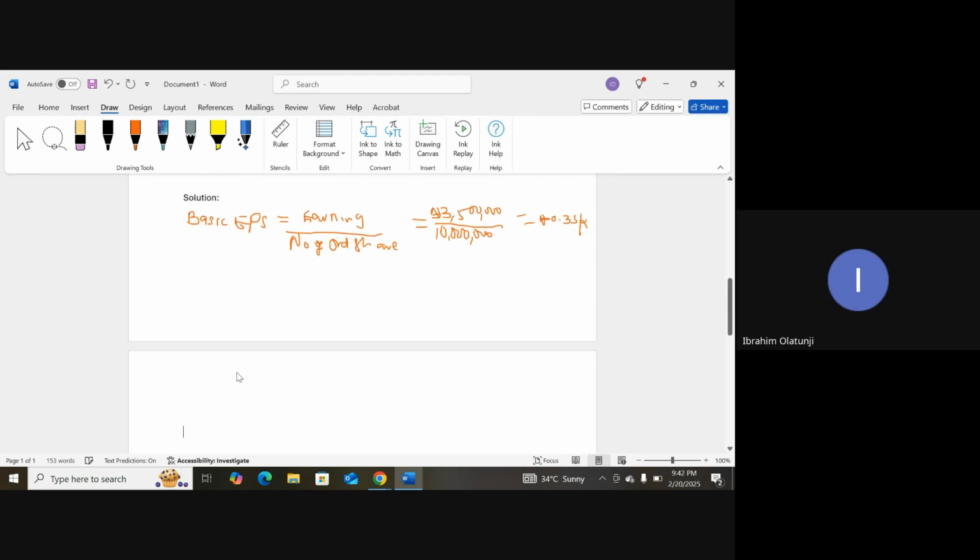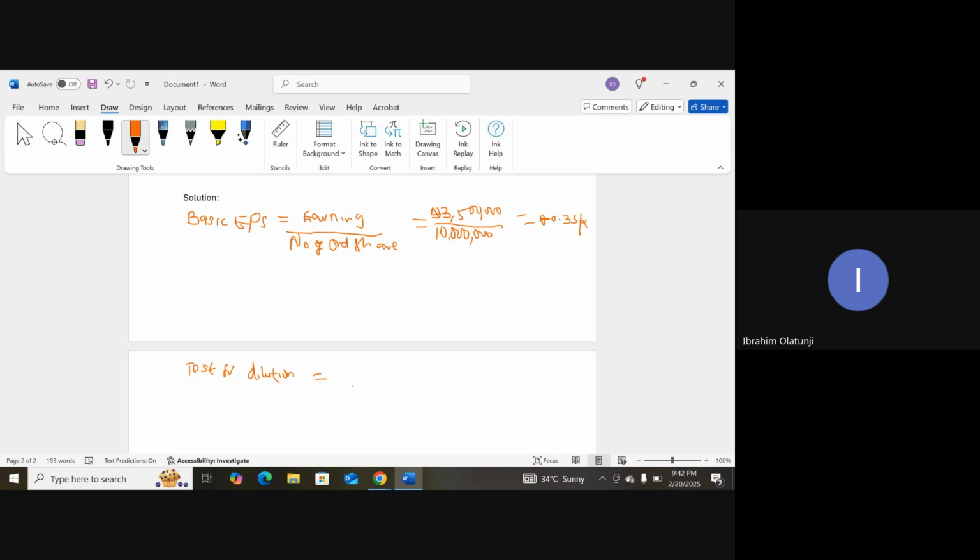So the second one is to test for dilution.